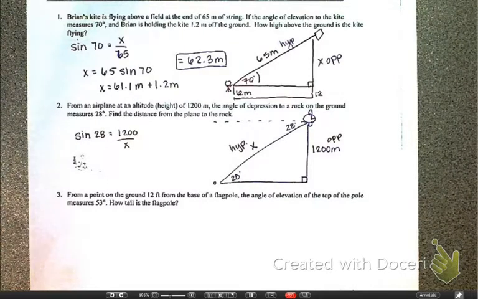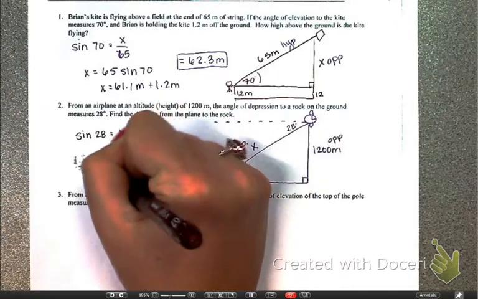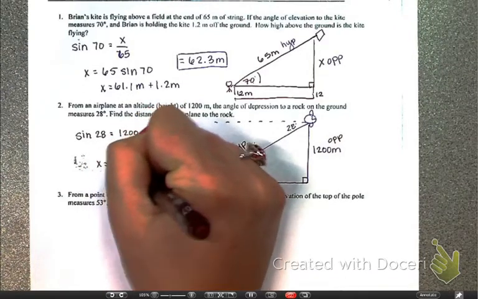What type of problem is this? It's a division. It's a flip and divide. X equals 1,200 divided by the sine of 28.